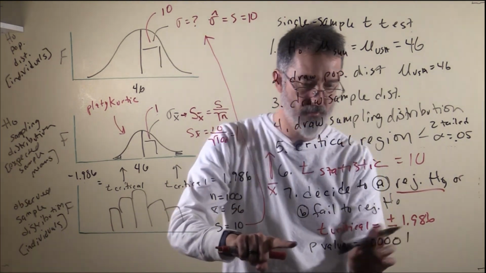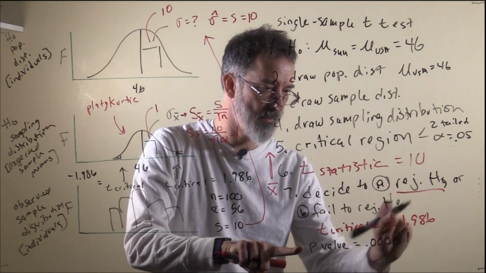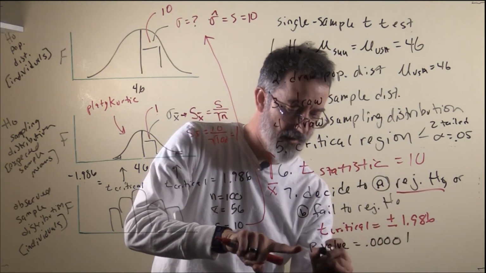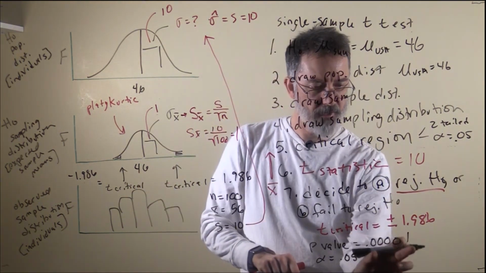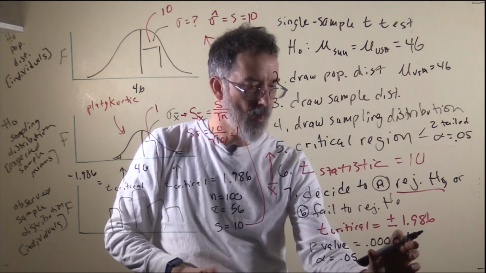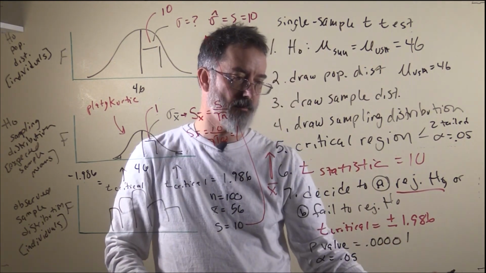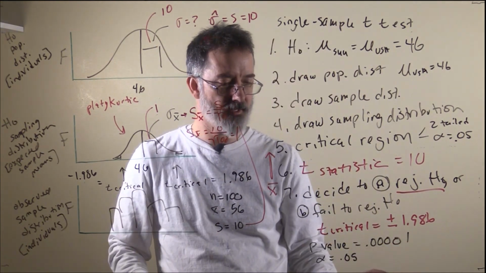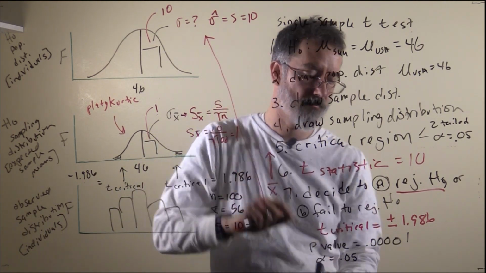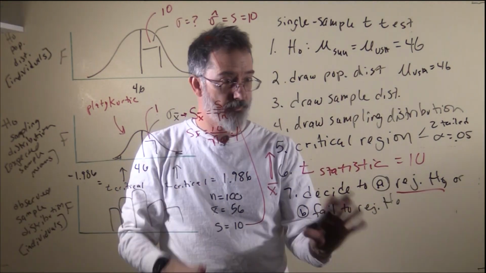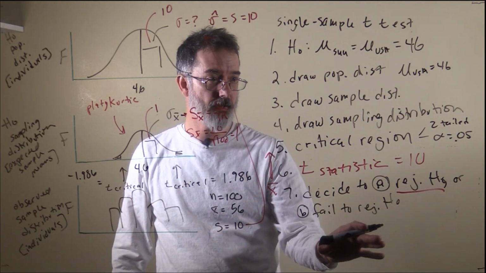And remember what we do to decide about rejecting the null hypothesis or not. With the p-values, we compare that directly with our alpha. And if our p-value, our probability, is smaller than our alpha, we reject the null hypothesis. And again, you'll always come to the same decision comparing your p-value with alpha as you do comparing your t-statistics with your t-critical. Okay, we've decided to reject the null hypothesis in this case.